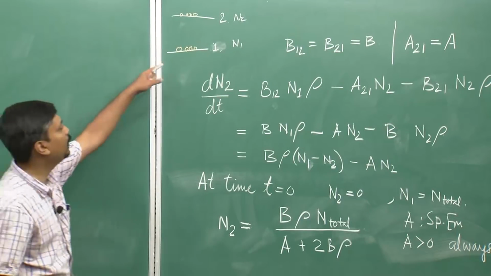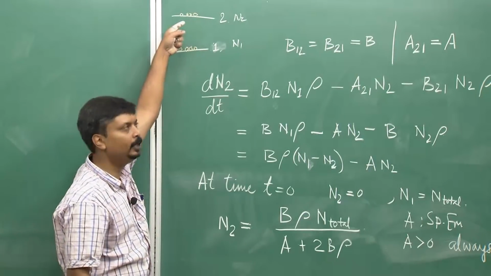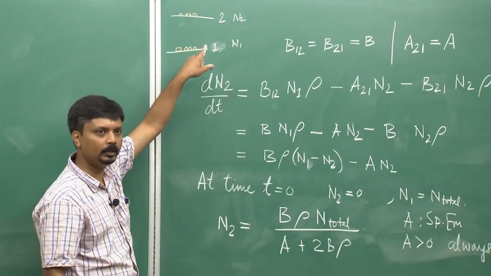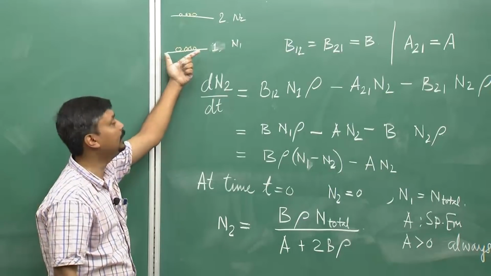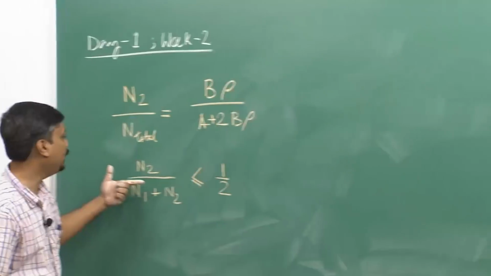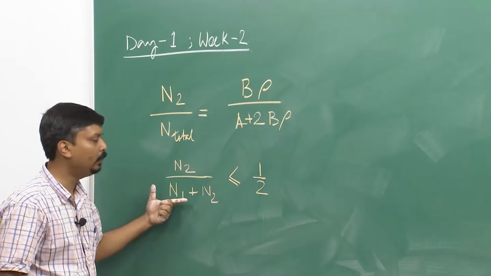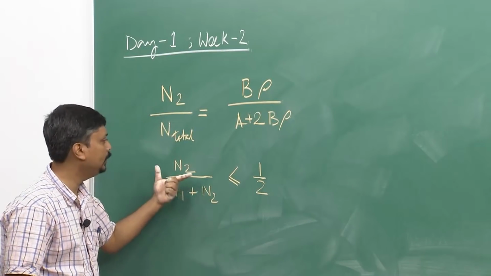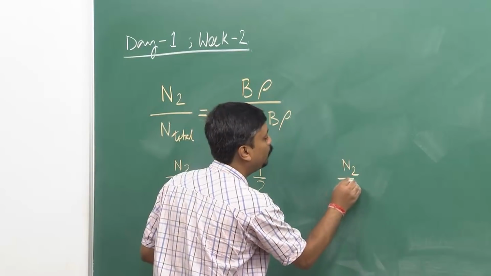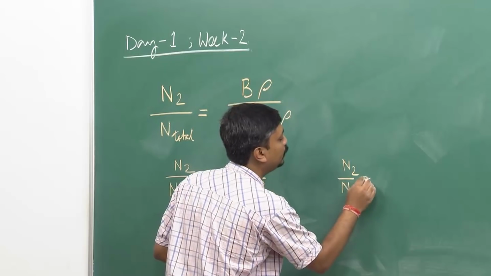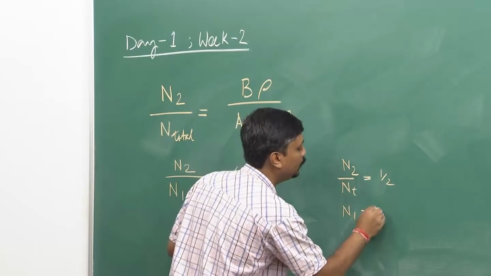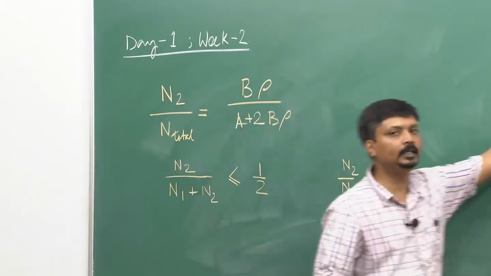So, here if you have equal population of these states, essentially N2 by total number of atoms is half, that is the maximum possible ratio of N2 by N total. I cannot get more than that. So, when N2 by N total is equal to half, that means N1 equals N2, which is essentially this condition.